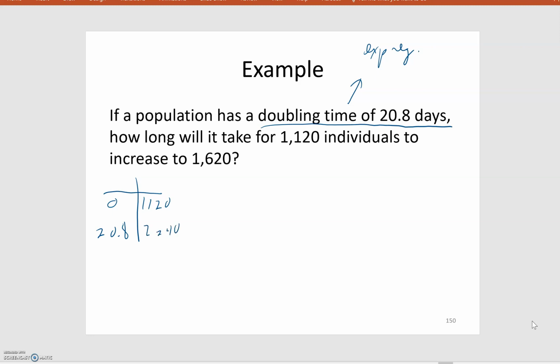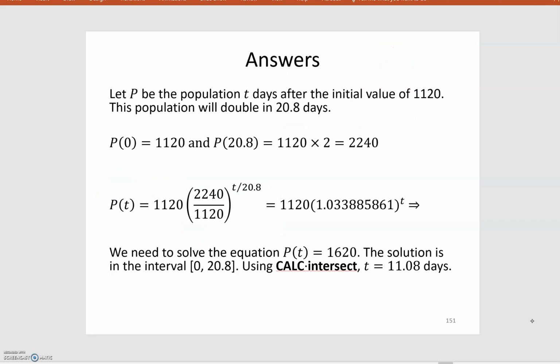I can enter my data. I have 2 points, and then I can do exponential regression with this data and get the model. And then once I have it, I can use the model to find this, which is an output of the function, so this will be a calc-intersect question. Ultimately, first it's exponential regression to get the model, and then calc-intersect to actually find the solution, which is 11.08 days.